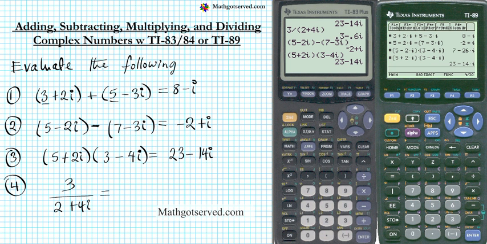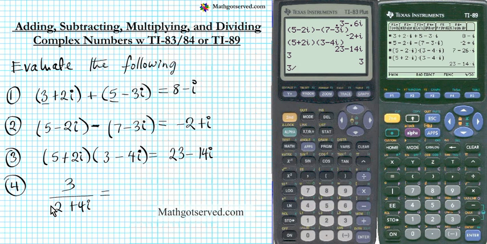Alright, so let's enter it in the TI83. For the TI83, all you need to do is have 3 divided by, and then you notice you have 2 terms in the denominator. So in order to tell your calculator that you're entering 2 terms in the denominator, you have to encapsulate your denominator in parentheses. So parentheses 2 plus 4i, second function period.